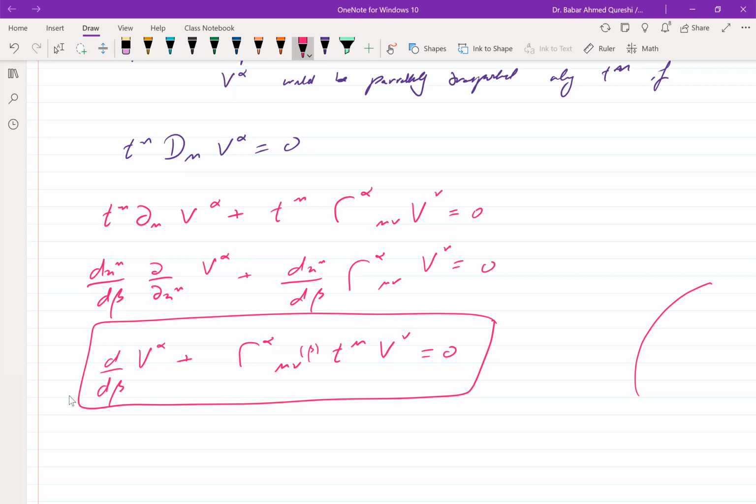Given an initial condition over here, it will uniquely tell you what vector field you should be setting up to get a parallelly transported vector along this curve. So given a curve, starting with a vector, you get a unique answer for how to parallelly transport along the curve.